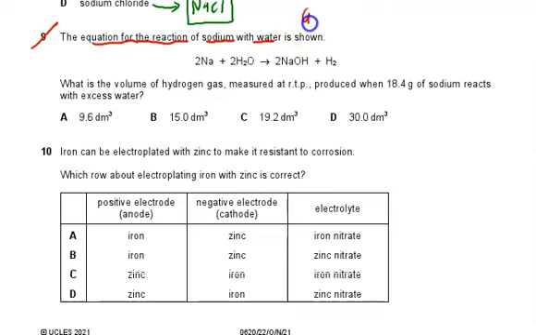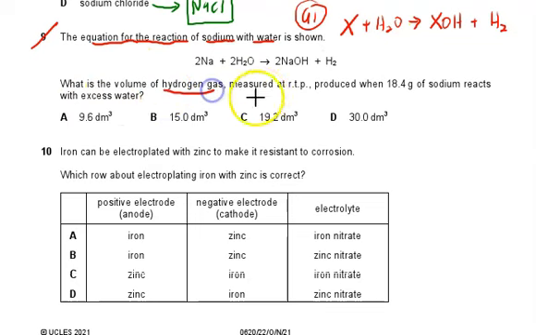So remember, for group 1, the general equation is the element of group 1 mixed with water gives the element hydroxide solution plus hydrogen gas. So what is the volume of hydrogen gas measured at RTP? RTP means it is 24 dm cubed, produced when 18.4 grams of sodium reacted with excess water.